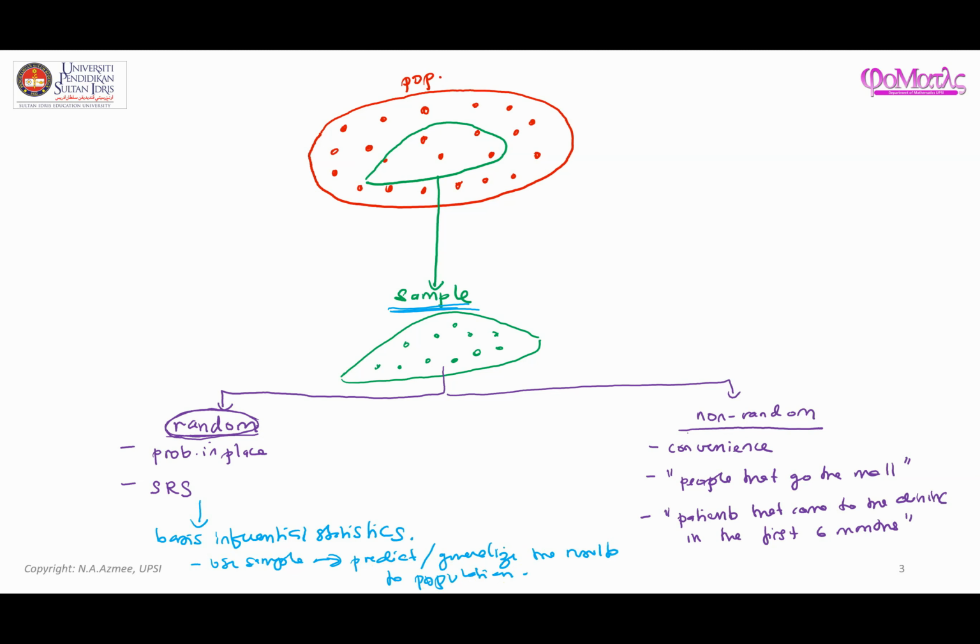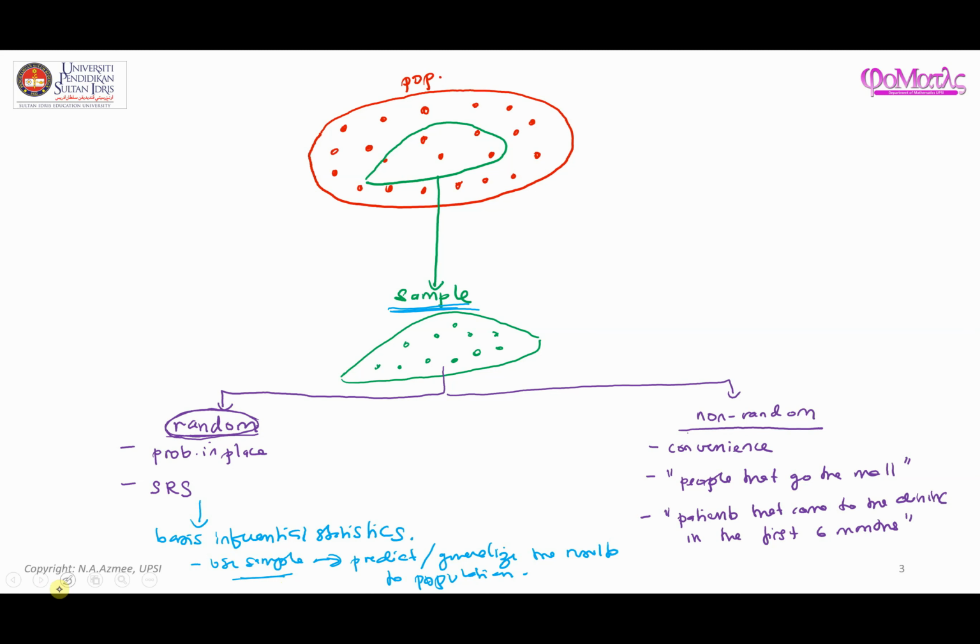Basically, to put it simply, it is saying that if we see our sample behave in this way, then we can say that the population also will behave similarly. So that's the idea of generalizing the results of your sample to the whole population.